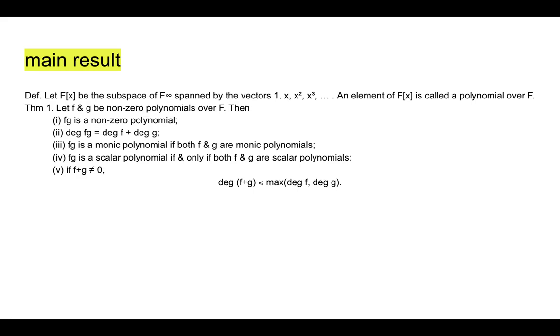Second, the degree of fg equals the degree of f plus the degree of g. Third, fg is a monic polynomial if both f and g are monic polynomials. Fourth, fg is a scalar polynomial if and only if both f and g are scalar polynomials. And fifth, if f plus g is non-zero, then the degree of f plus g is bounded above by the maximum of the degree of f and the degree of g.